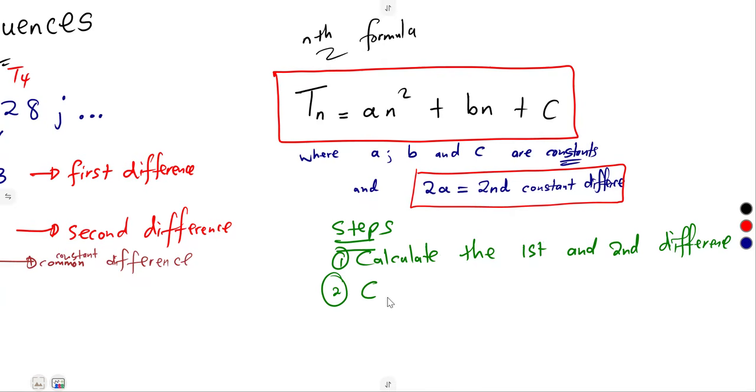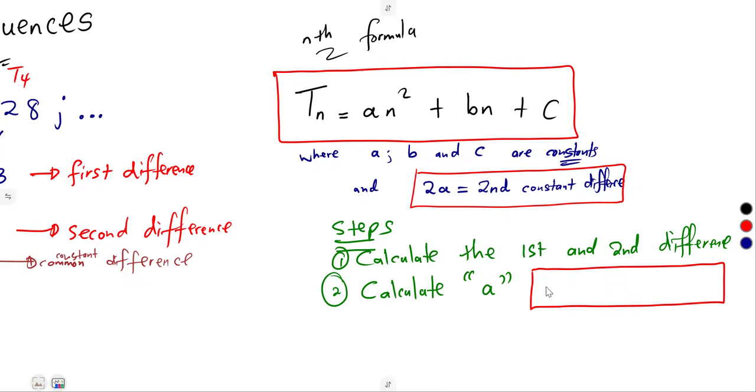It is easier for us to calculate the value of A. Since 2A is equal to the second difference, as we already mentioned before, we can just calculate it from there.